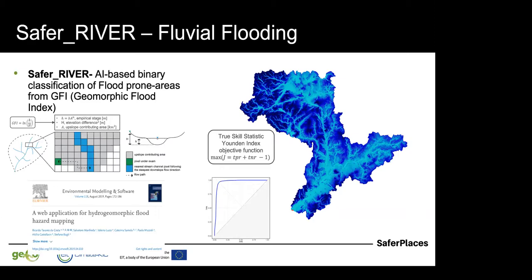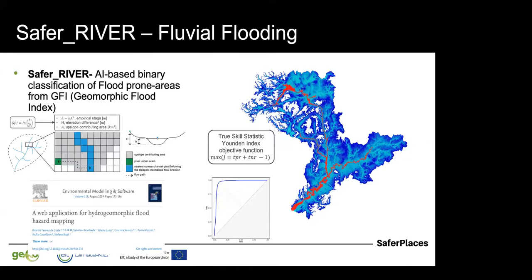Safer River is an artificial intelligence-based binary classification algorithm of the GFI, the Geomorphic Flood Index. Again, if you want some details about the procedures related to Safer River, how to compute GFI and how to classify the flood hazard maps, I invite you to read our latest publication available online.